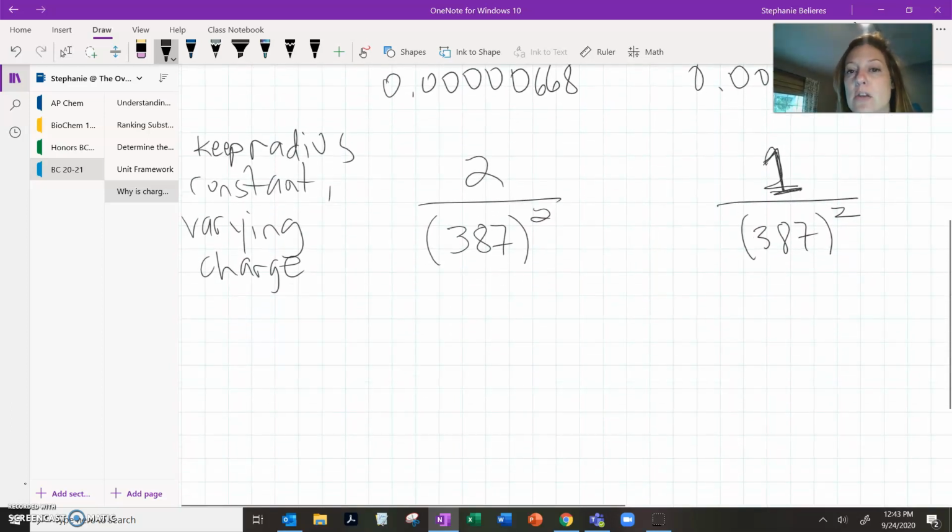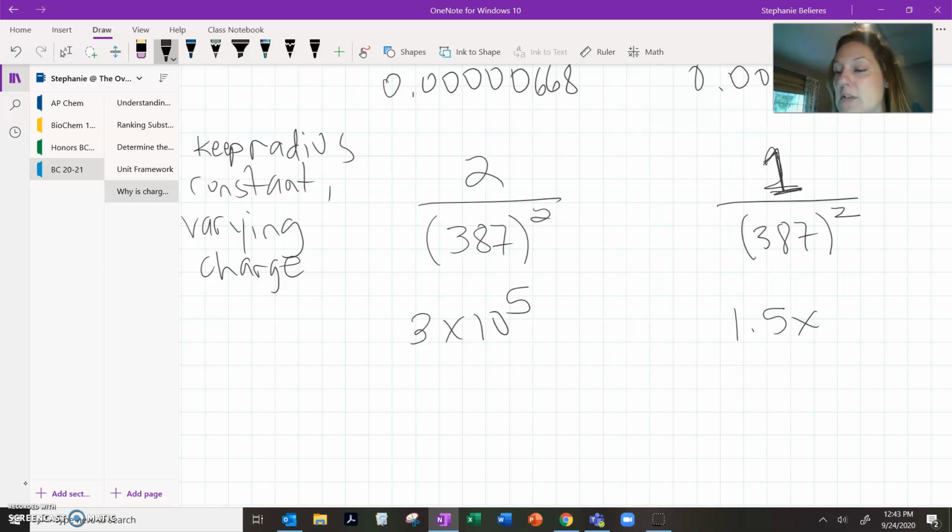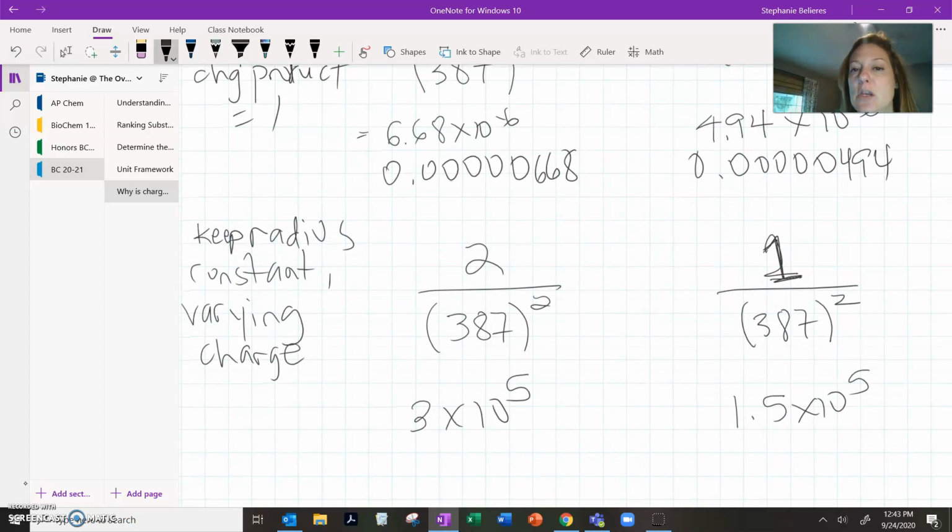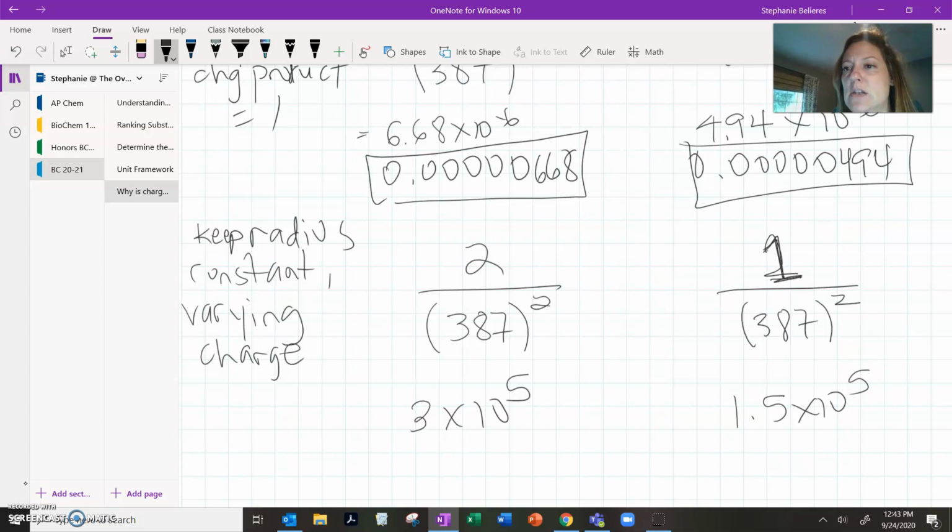Now I plug these numbers in, and this one equals, and the sig figs are not the same, 3 times 10 to the 5th. This one is obviously half that amount, 1.5 times 10 to the 5th. So you can see that the difference between this one and this one is not twice, right?